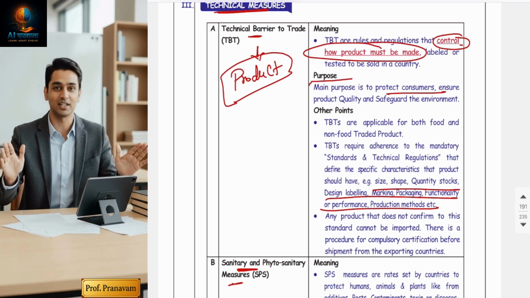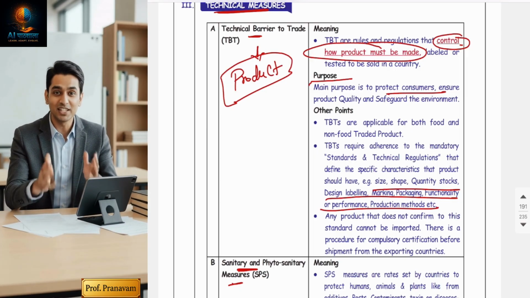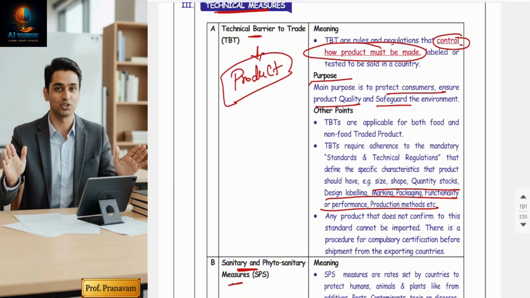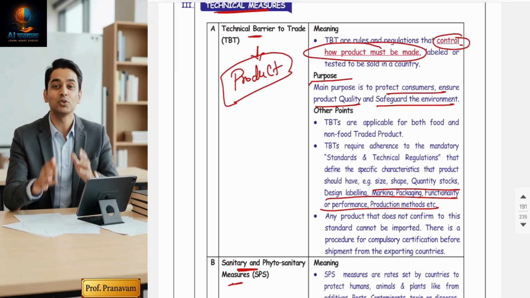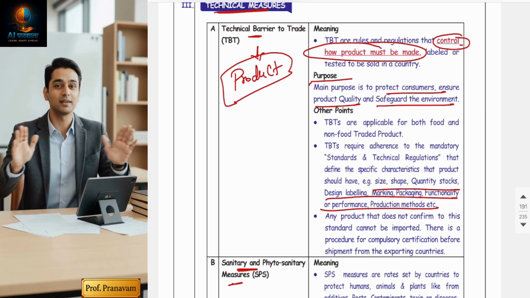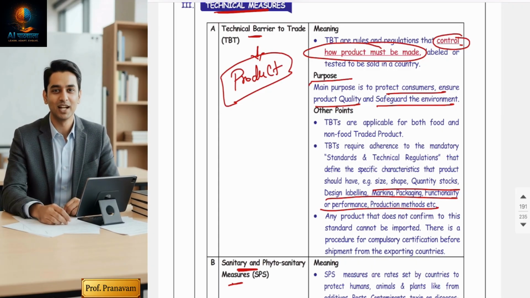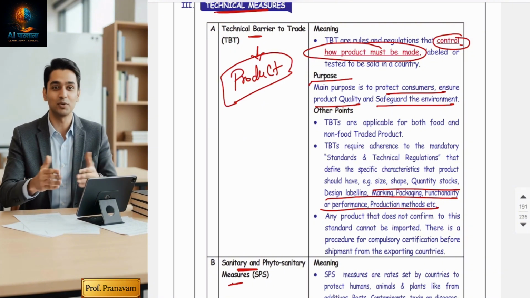What is the basic purpose of TBT? The purpose and reasoning is very clear, guys. The purpose is consumer protection, product quality, and environmental safety. Many countries, just for their own benefit, would sell harmful products in India with selfish intentions, without understanding what negative impact will come on the health of the public, if we did not keep technical barriers.